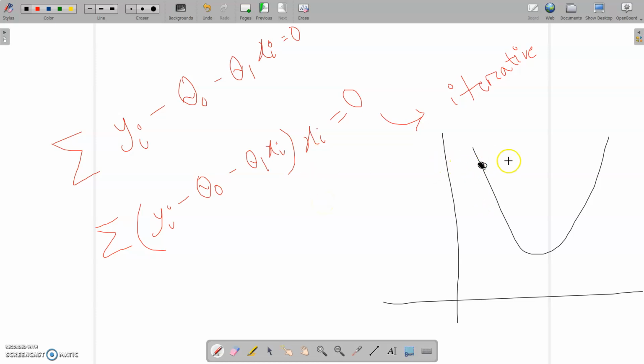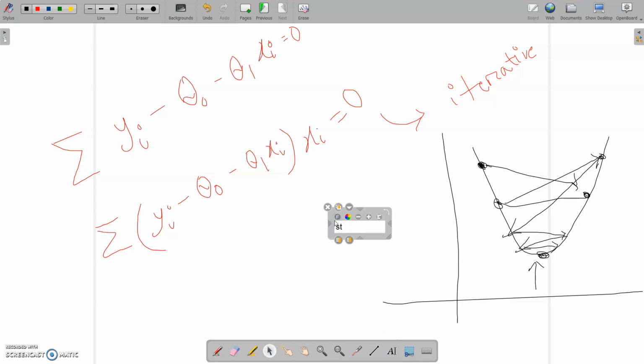Say you jump from here to here. Then again you update theta 0 and theta 1. You come here. You may take some value, it may go here. So you try to decrease again to come here, then again come here. So iteratively you try to home in on this position, because this is your desirable position. This process is called stochastic gradient descent.